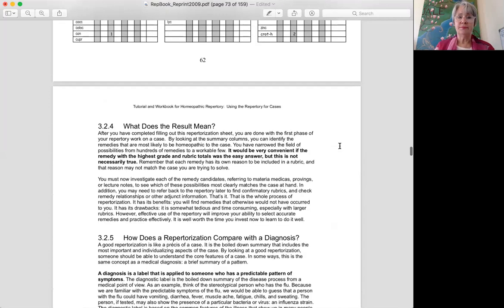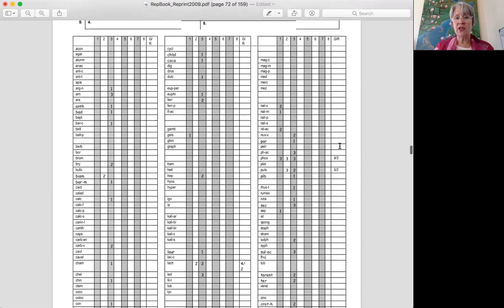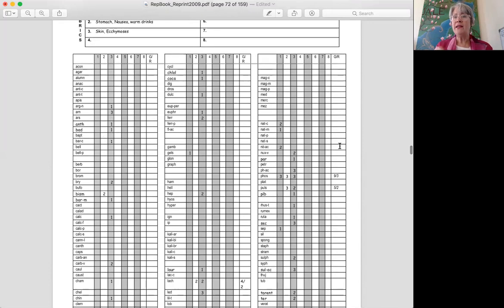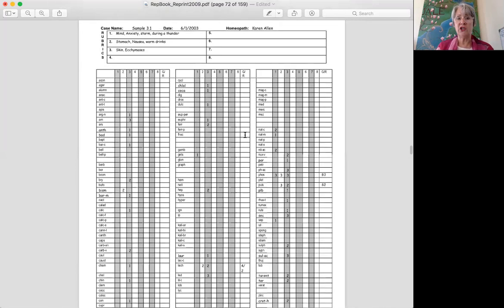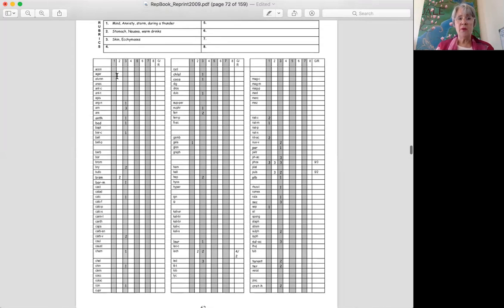So now we have to ask ourselves, what does the result mean? Let's say that we filled out this repertorization sheet and we marked down every remedy that was in any of these 3 rubrics, and now we're looking at it. The first question we're going to come up with is, what does this mean? I see the data. What does it mean?